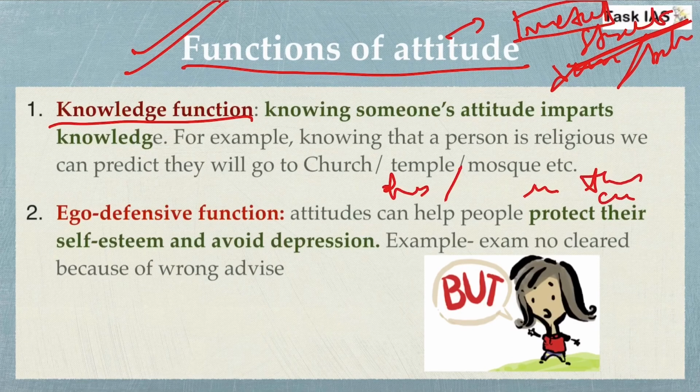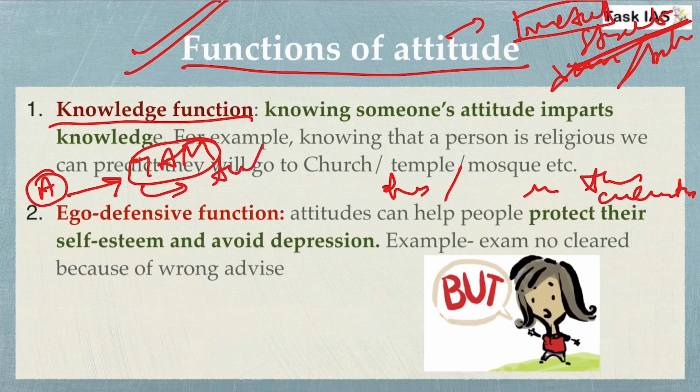For example, if I know that person A is very religious, then if I meet him in the morning at 7 a.m., I can consider that he is going to a temple or church or a mosque. Then we can say that attitude provides knowledge to others about you.